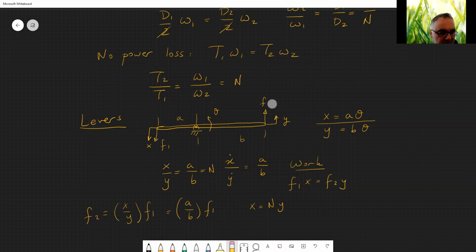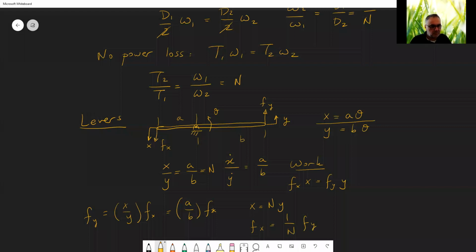Let me just change this a little bit. This is F1 and F2. Let's use Fy and Fx here, so Fx times x equals Fy times y. x is equal to ny, and then Fx is going to be 1 over n times Fy, I think, if I'm not wrong.